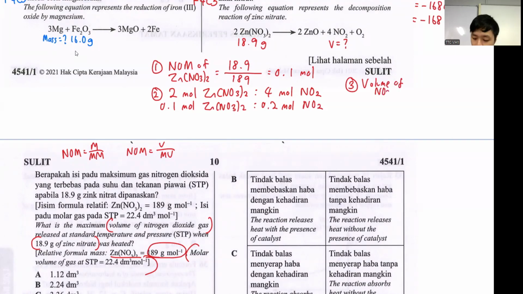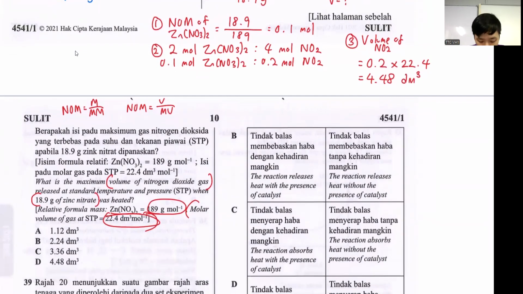Volume of nitrogen dioxide: if you want to find volume, use number of mole multiply molar volume. Number of mole is 0.2 just now. Molar volume is 22.4. So you will get 4.48 dm cube.